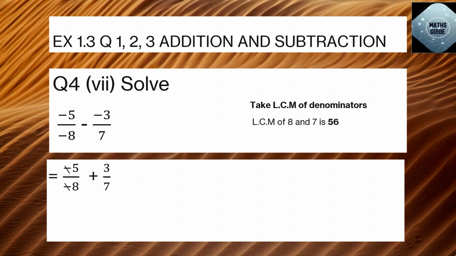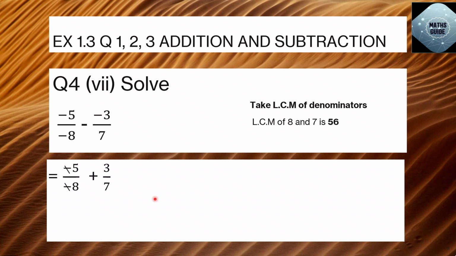Now we have positive 5 by 8, and these negative and negative sign will also multiply with each other and we get an addition symbol again.